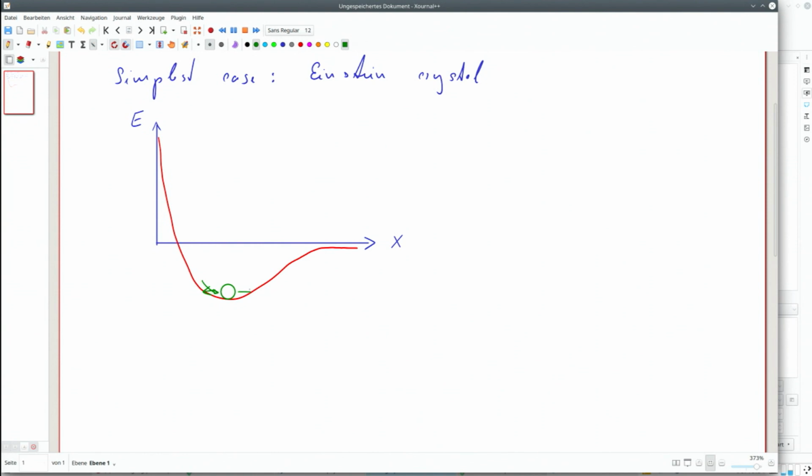Same if you displace it to the other side, there's a restoring force going in this direction, so it will always get back to its initial position.